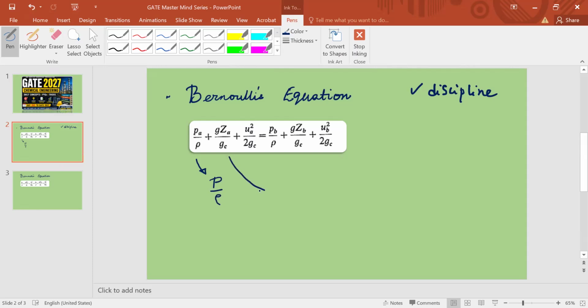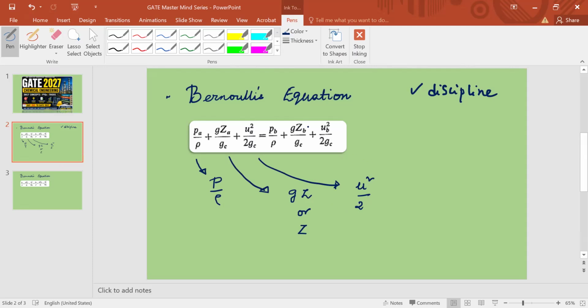This is another term, which should be g into Z, or simply Z. The third term is U square by 2, right? Half m v square, or half U square, or U square by 2.